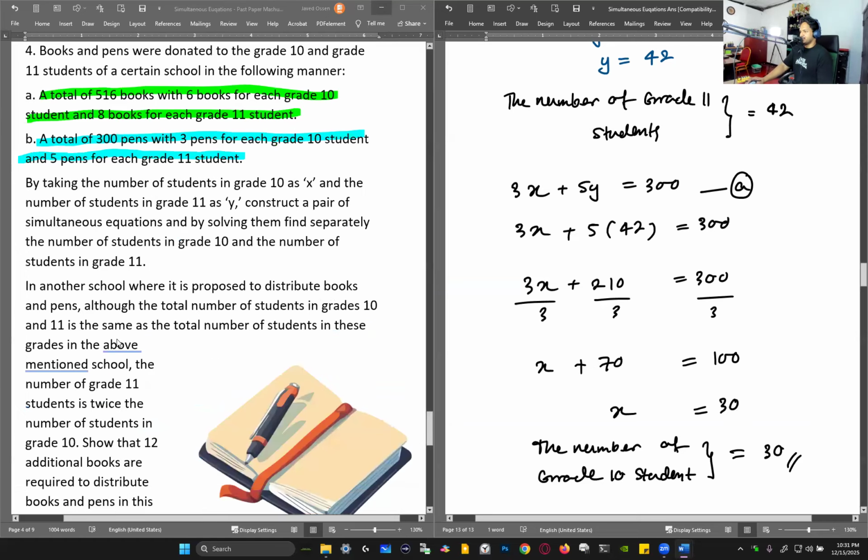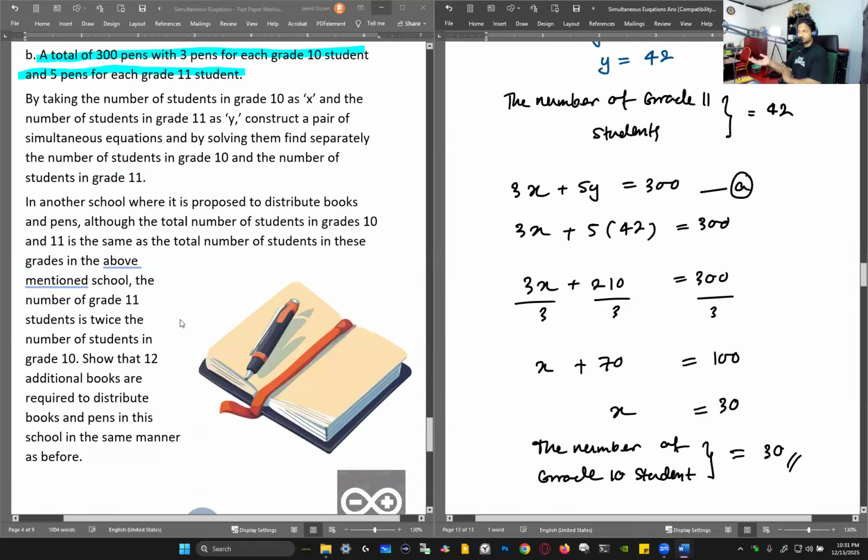We're almost done. One part, last part left. In another school where it is proposed to distribute books and pens, although the total number of students in grade 11 and 10 is the same as the total number of students in these grades in the above mentioned school, that means 42 and 30, okay?